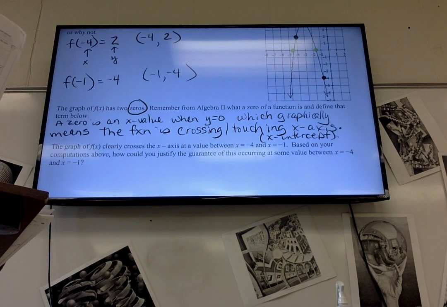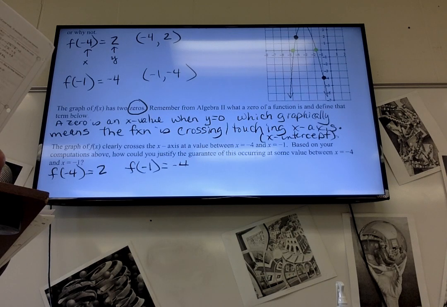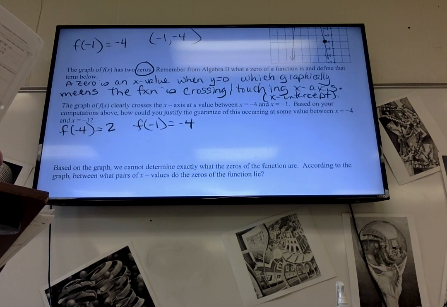So we found up here that what was f of negative 4? 2. And what is f of negative 1? Negative 4. So how can I look at that and know that it's crossing the x-axis there?